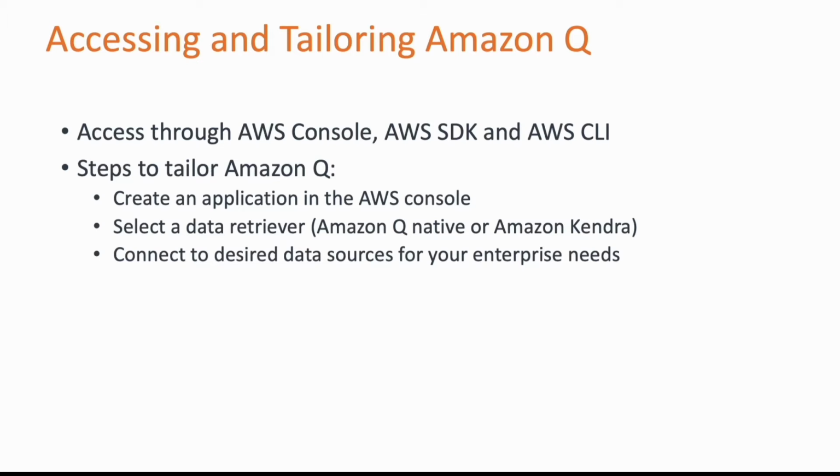You pick a data retriever, which means you can either opt for Amazon Q native or Amazon Kendra. Both systems are able to index the documents, the websites that you want to refer for answering questions. Also, you can connect to the desired data sources within your enterprises. Let it be application, let it be documents, let it be websites.